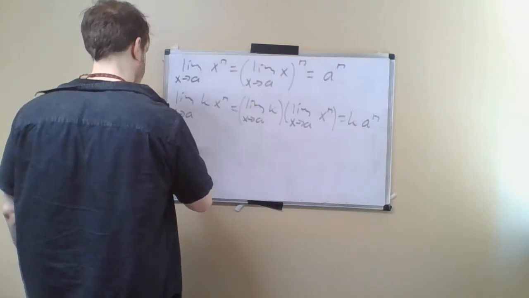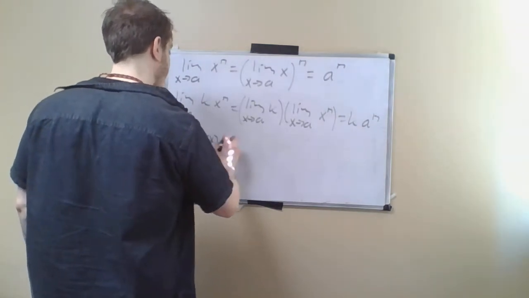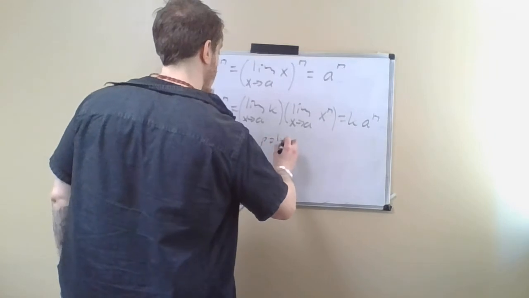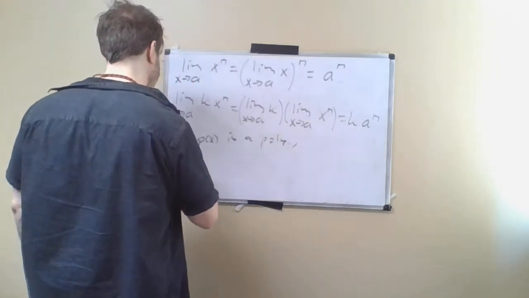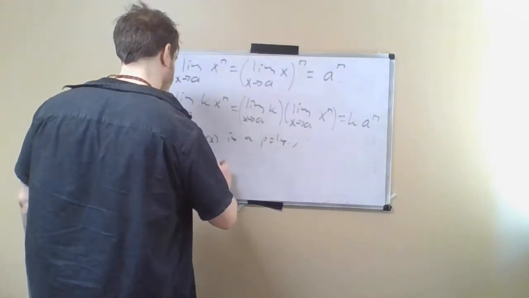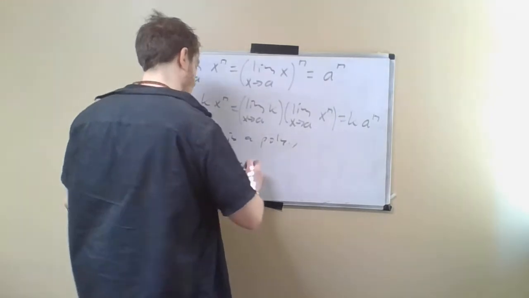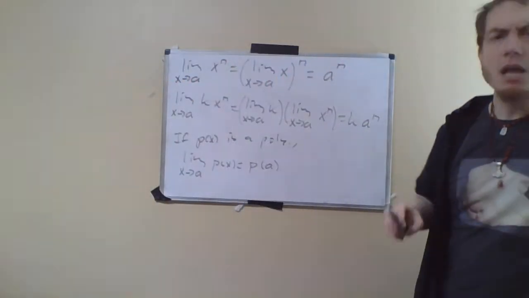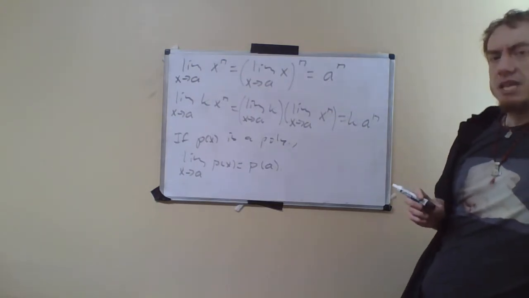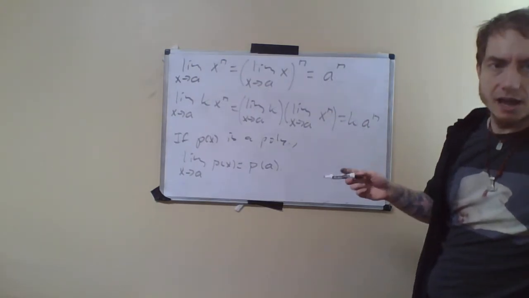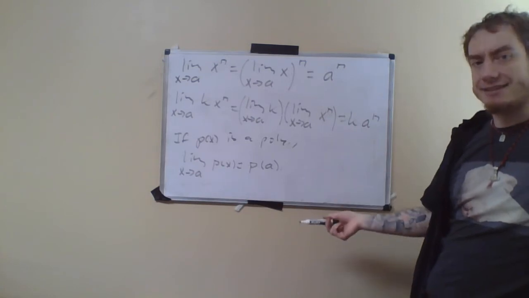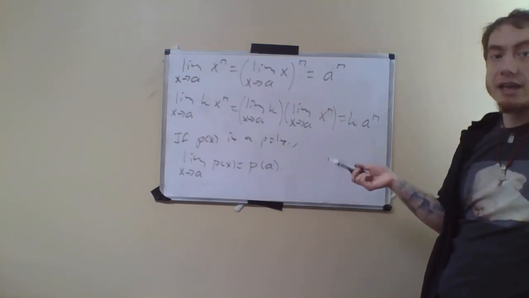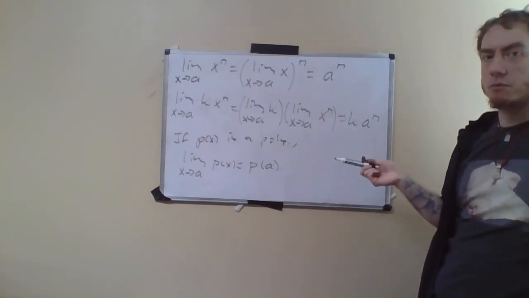So, if p of x is a polynomial, then the limit as x approaches a of p of x is just p evaluated at a. Now, this is kind of a good thing. When I say it's a good thing, I mean this kind of makes sense. If this didn't work out this way, we would probably want to rethink what we're doing.